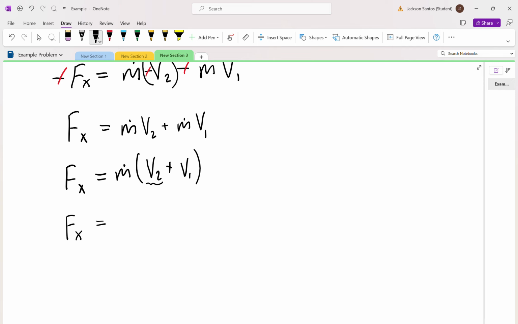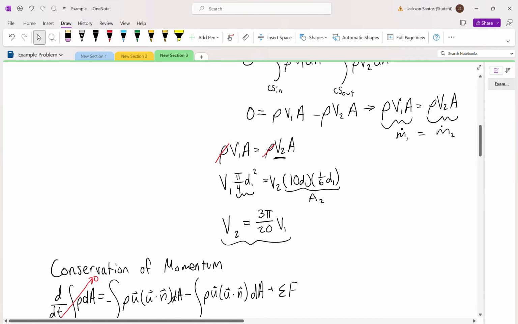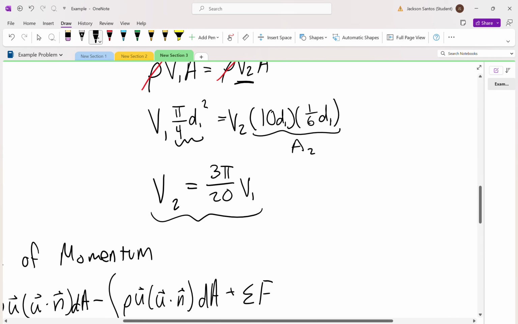So the mass flow rate is going to be the density times v1 times pi over 4 d squared times v2, which was up here that we solved for earlier. So I'll just go ahead and copy that.